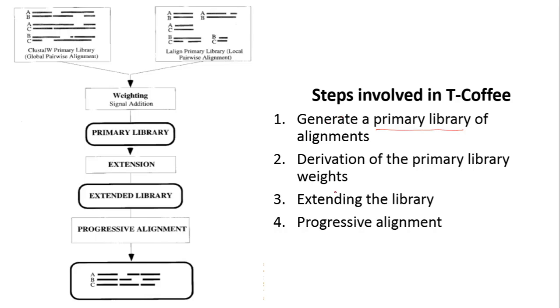The next step is that you are supposed to extend the library, and finally you would be using progressive alignment for aligning the sequences. In this way you would be using the information from both global and local alignment as well as features from progressive alignment strategies in order to deal with the local minimum problem.